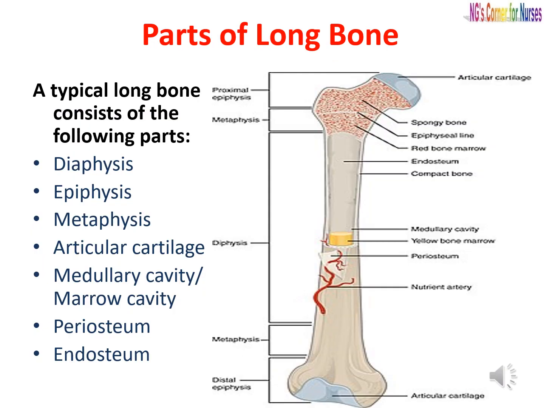Next are the parts of a long bone. The shaft of the long bone is known as the diaphysis. The wider section at each end of the bone is called the epiphysis, which is filled with spongy bone.